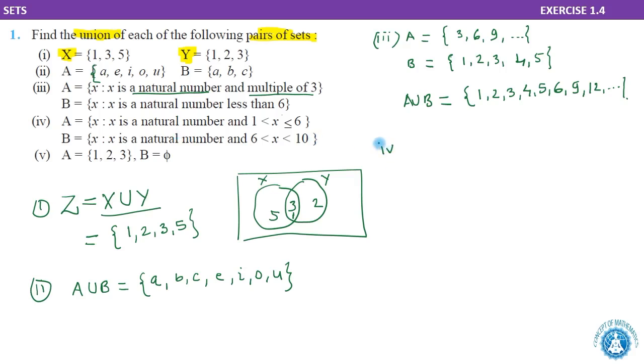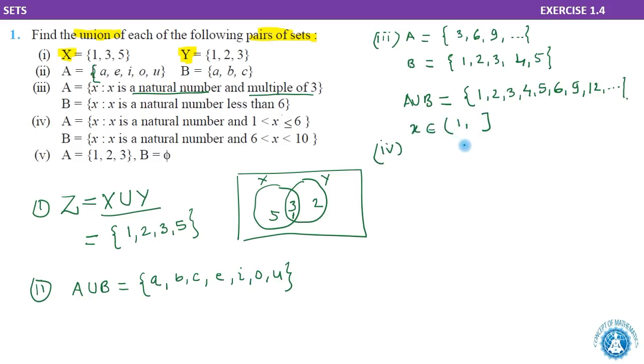Fourth is set A equal to the set of all x such that x is a natural number and x is greater than 1 and less than or equal to 6. So again x is defined between the open interval 1 and the closed interval 6.